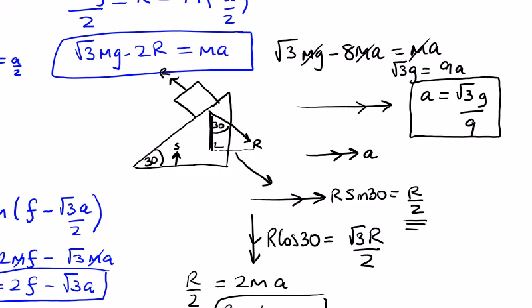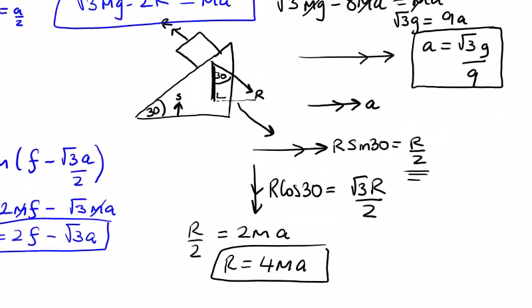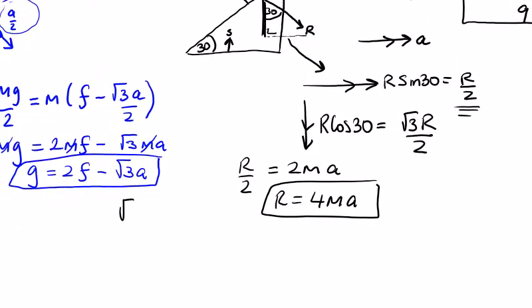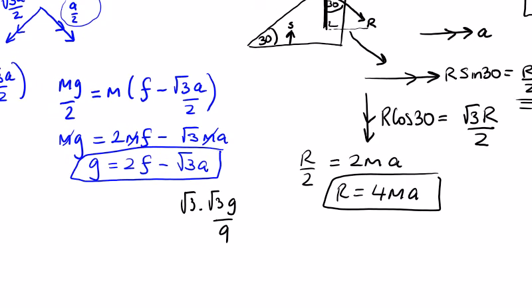What does that make f? We have root 3 by root 3g over 9. So we would have 2f is equal to g plus this, if we bring it to the right.